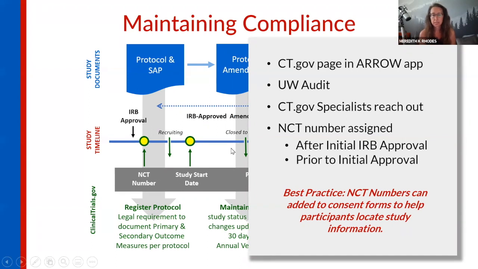It's up to the study team, but we would recommend a best practice of adding NCT numbers to consent forms to help your participants locate study information in the public. In this case, you may want to register your record to the public prior to initial IRB approval so that you can seamlessly add that NCT number to the consent form at that time.